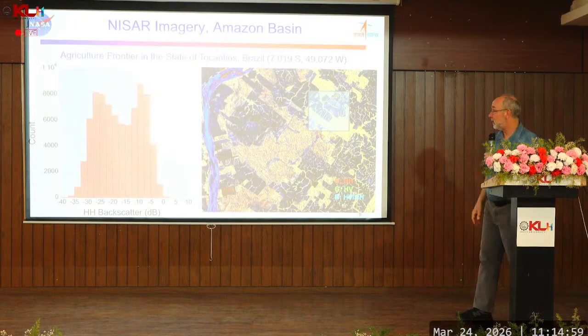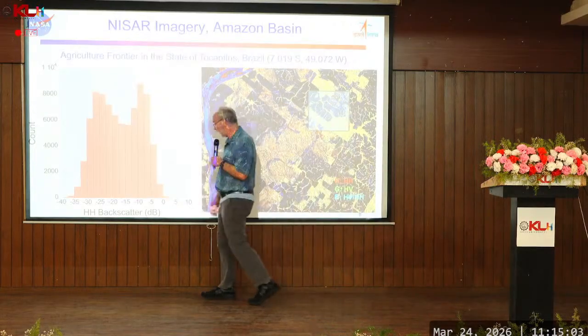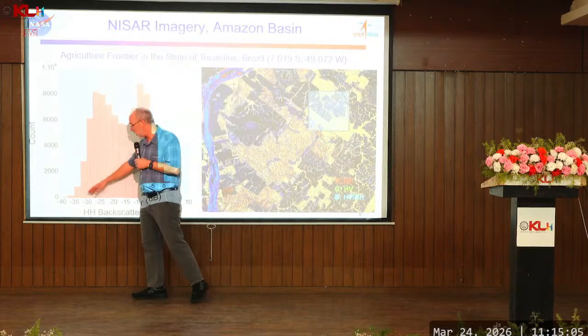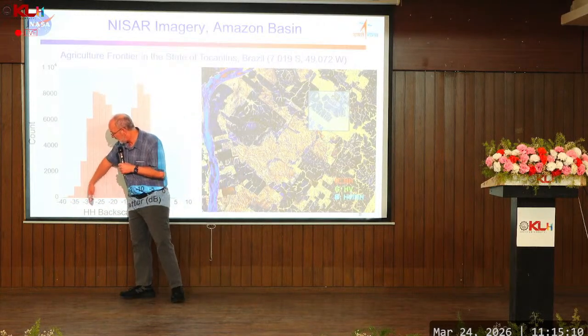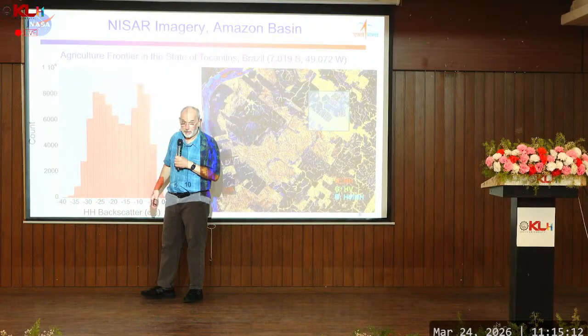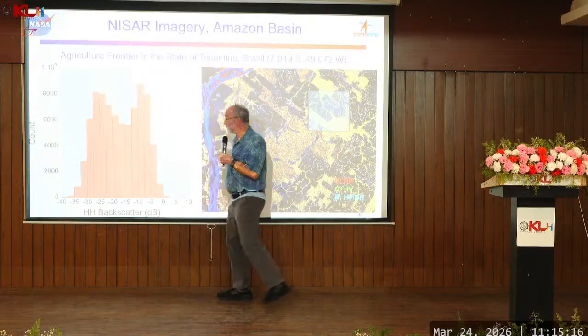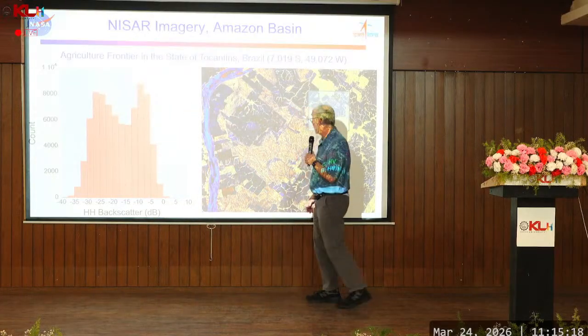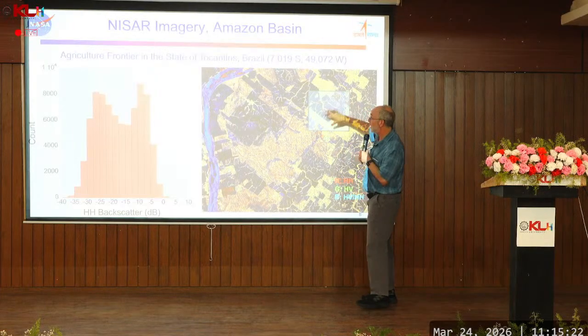So here is the backscatter in dB, for those of you who like that. It ranges from 0 dB down to minus 35. Anything below this is likely to be just noise, but sometimes we get good SNR. Some of those values are probably right. That's calculated from this area here.